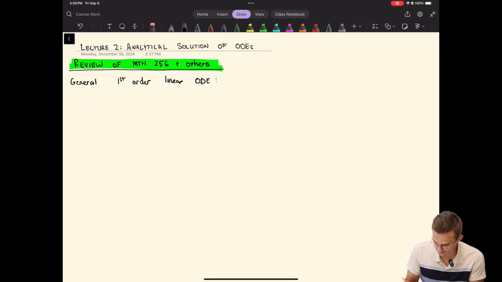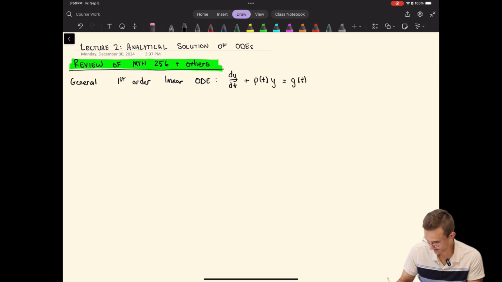So the most general form of this equation, I shouldn't be using partial derivatives here, is the following, where you have dy/dt plus some function p of t times y is equal to another function g of t, where y itself is some unknown function of t.